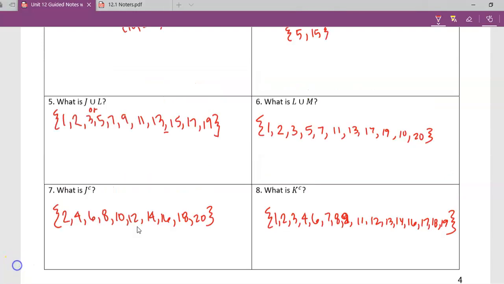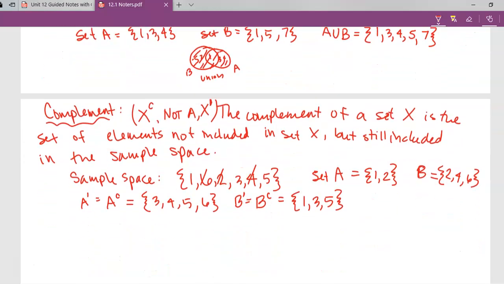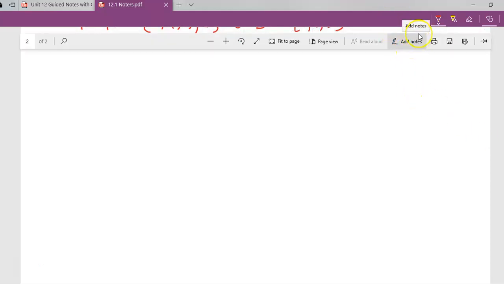All right. Okay, now we're going to use what we've learned here to start talking a little bit about some probability. So first, let's start out by just talking about what a probability is.